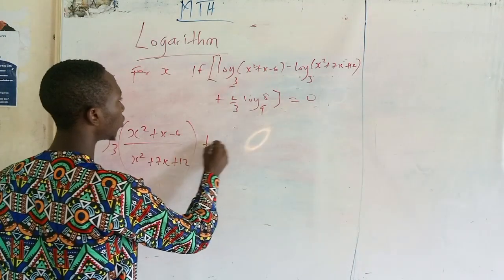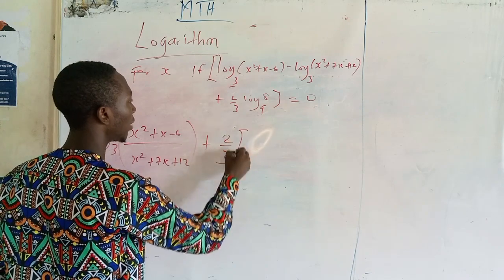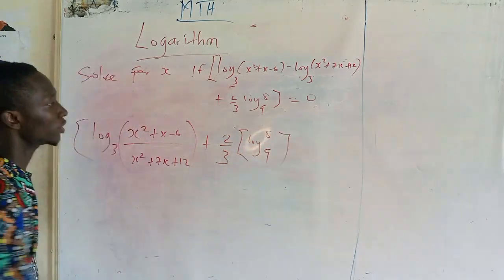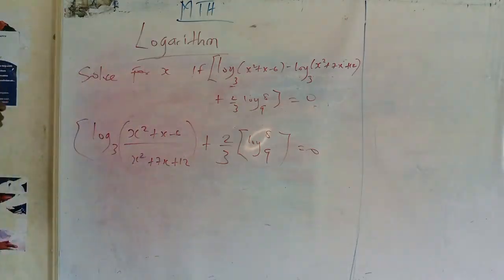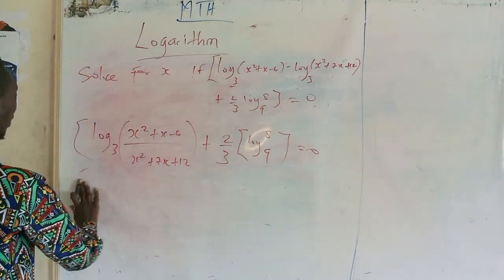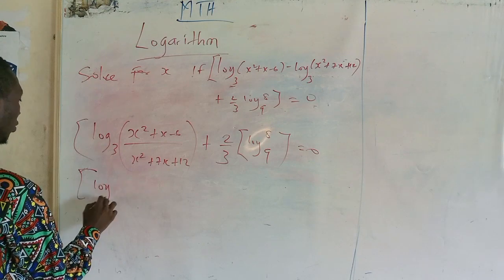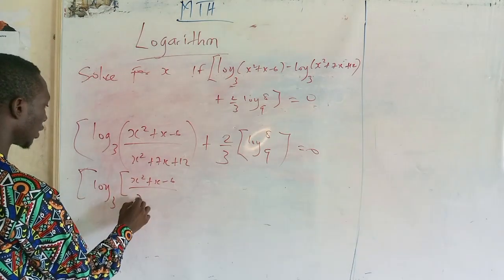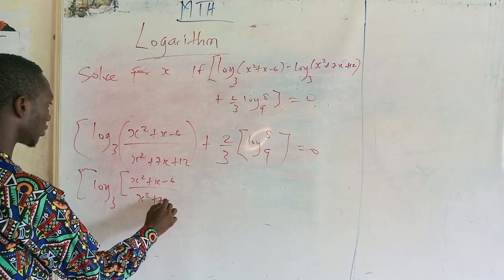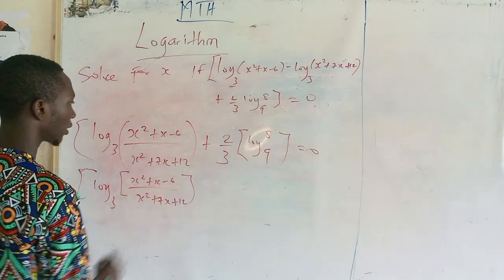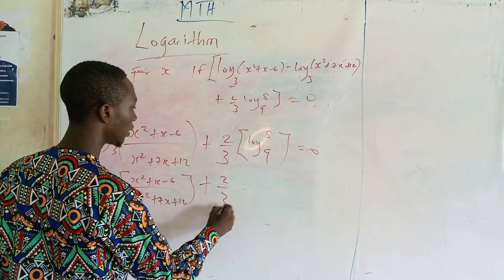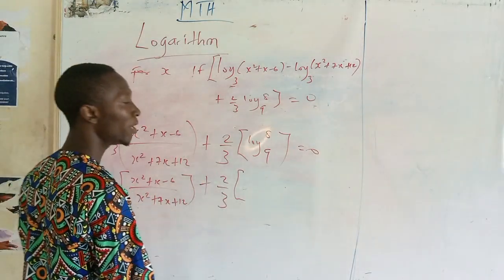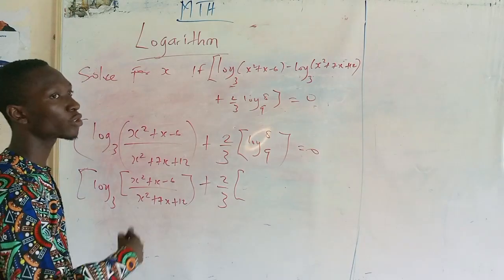Now we are left with plus 2 over 3 and we have log 8 base 9 equal to 0. From this place, what can we do next? We also write log 3 back. We have x squared plus x minus 6 over x squared plus 7x plus 12 in brackets, plus 2 over 3 outside. Now there is a law that shows introduction of the same base.